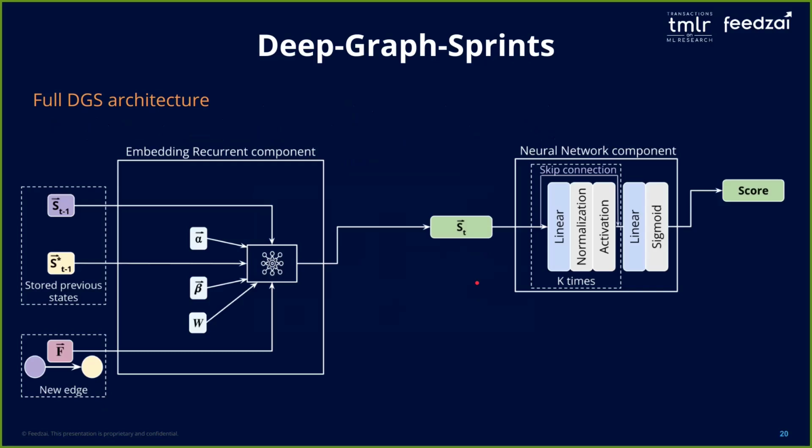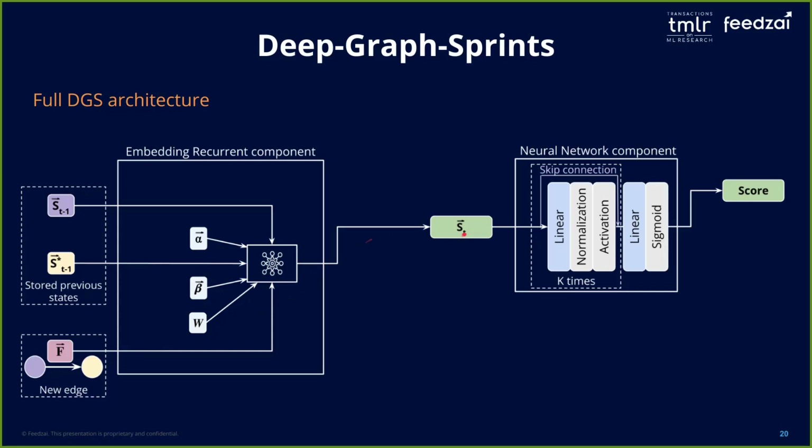Looking at the full architecture of Deep Graph Sprints, it contains two components. The embedding component leverages the formula that we have seen in the previous slides, and takes as input the previous states and the input features, and also the forgetting coefficients and the embedding matrix, to generate a state of our target node at timestamp t.